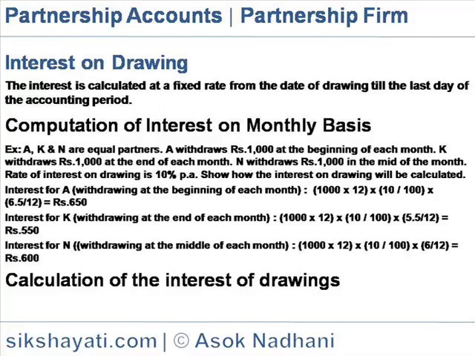If a partner draws a fixed amount at the end of each month, interest on total drawing would be calculated on the whole amount for 5.5 months. If a partner draws the amount in the middle of the month, interest on total drawing will be calculated on the whole amount for 6 months.